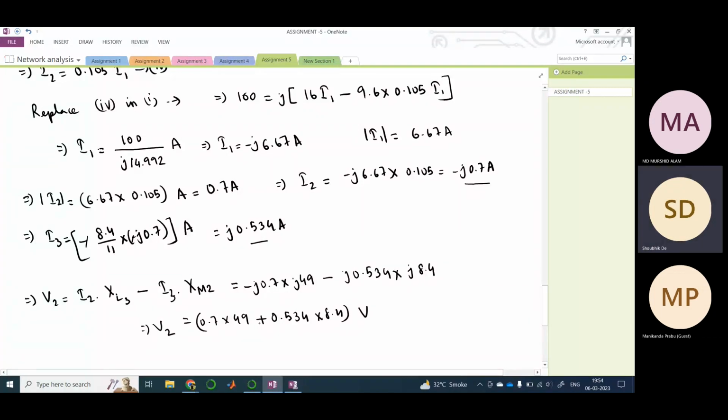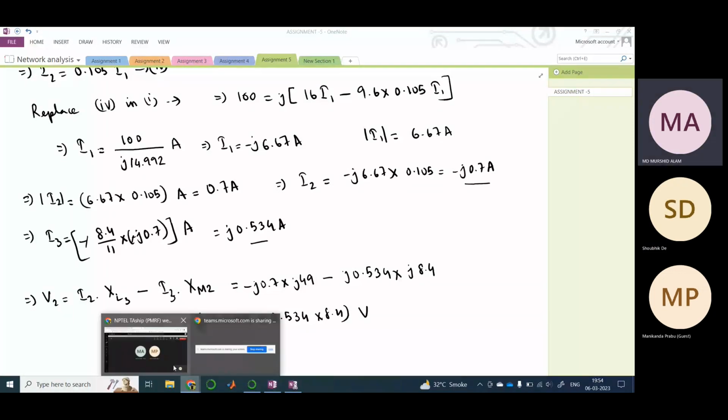Can anyone calculate and tell me the value of this? Can anyone calculate 0.7 into 49 plus this thing? 38.78.